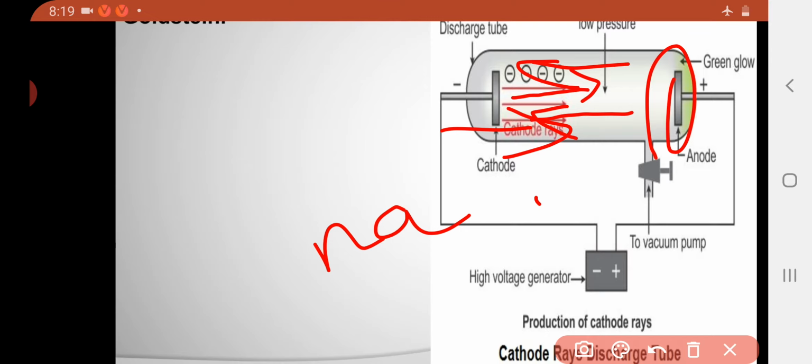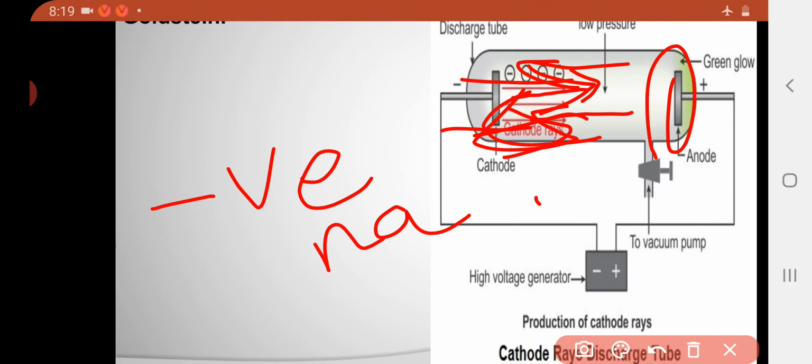But here, if rays are going back to the cathode, they are being attracted towards the cathode, and the cathode is negatively charged. That means the rays going back to the cathode definitely contain positive charge.